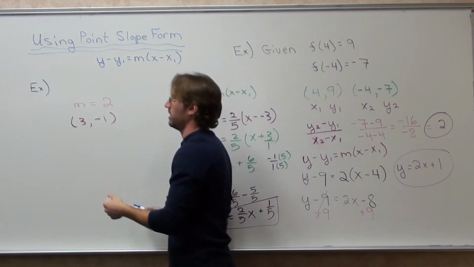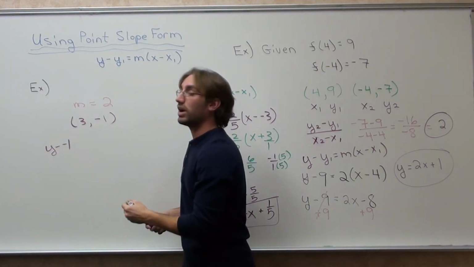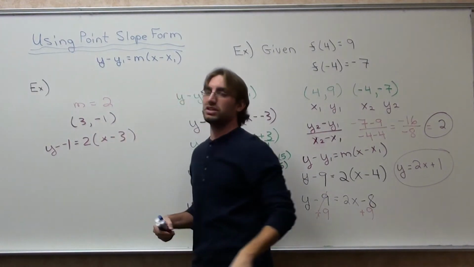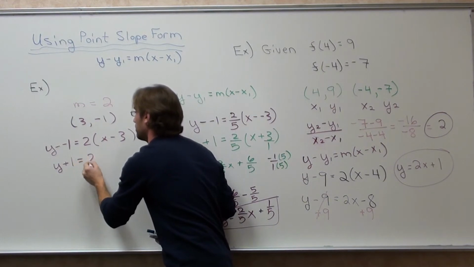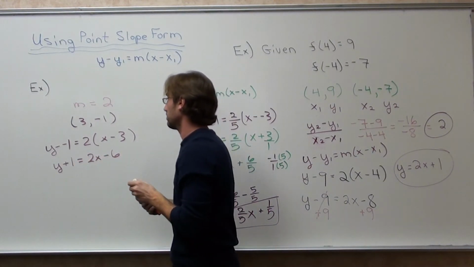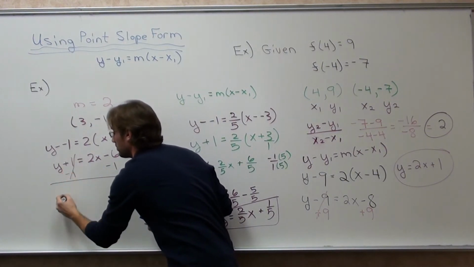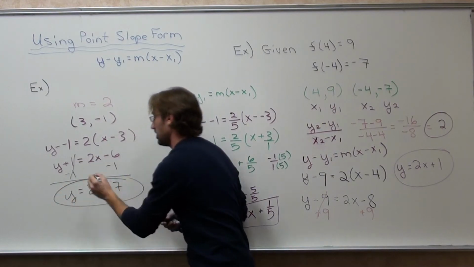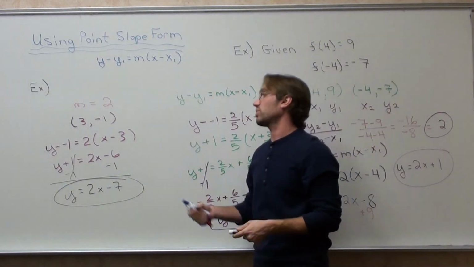Well, in that case, you do y minus negative 1 equals 2, x minus 3, solve it. You get y equals 2x minus 7.